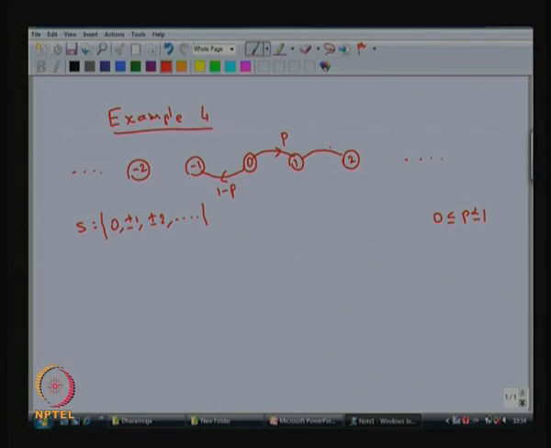The system is moving to the forward state with the probability p, and to the backward state, one state less, with the probability 1 minus p. This is the way it goes for all the states, and you have countably infinitely many states. Fine.